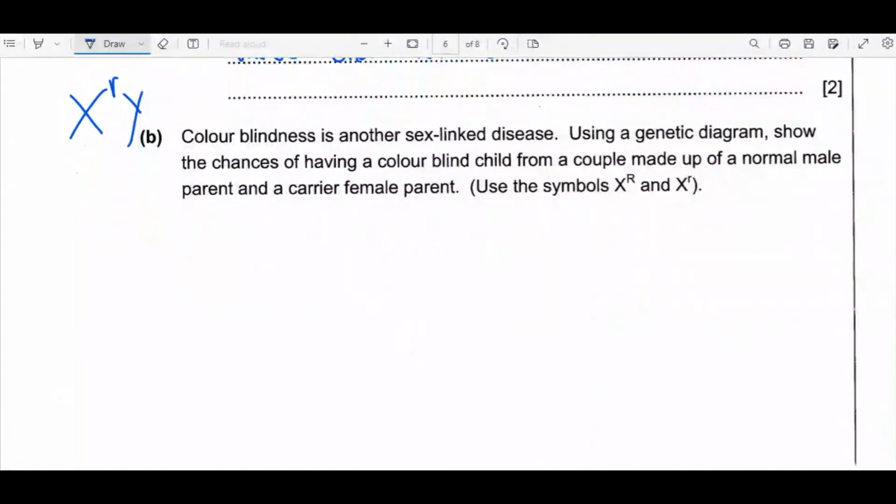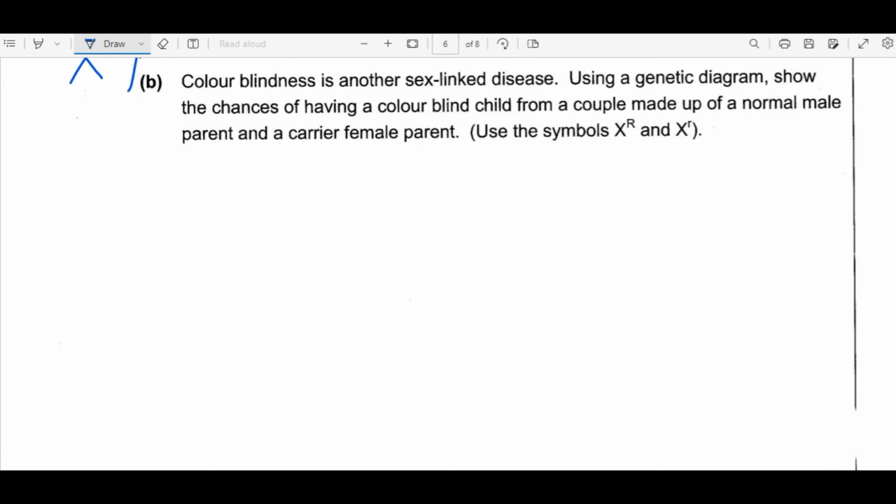Okay, we move on to the last question. Color blindness is another sex-linked disease. Using a genetic diagram, show the chances of having a colorblind child from a couple made up of a normal male parent and a carrier female. So say male, female. Okay, so we begin with the parental phenotype.